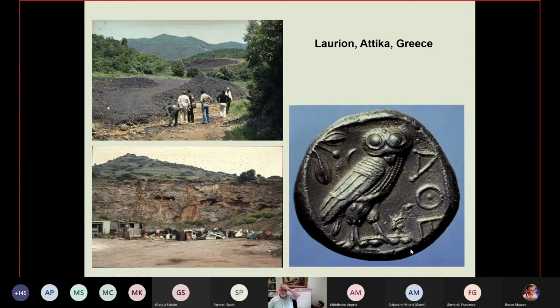Now, one of the first applications was indeed the provenance of silver, because provenance of lead is quite easy, as we have seen. But silver also is associated with lead, because in antiquity, most of the silver was obtained from argentiferous lead ores, like lead galena, but there's also other silver-rich minerals that maybe have been mixed with lead ores.